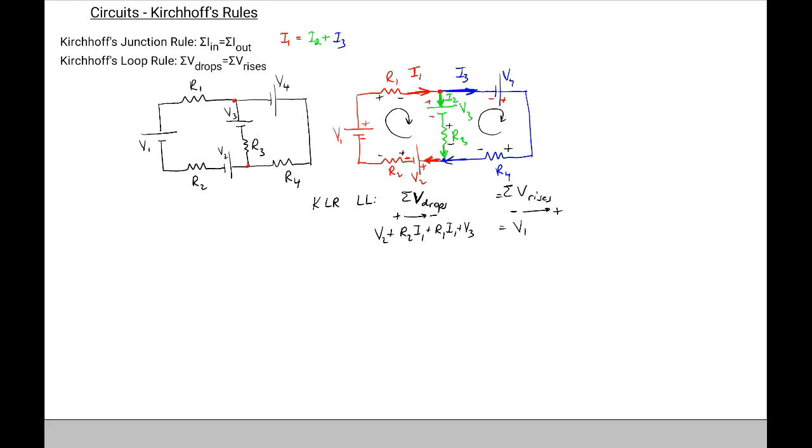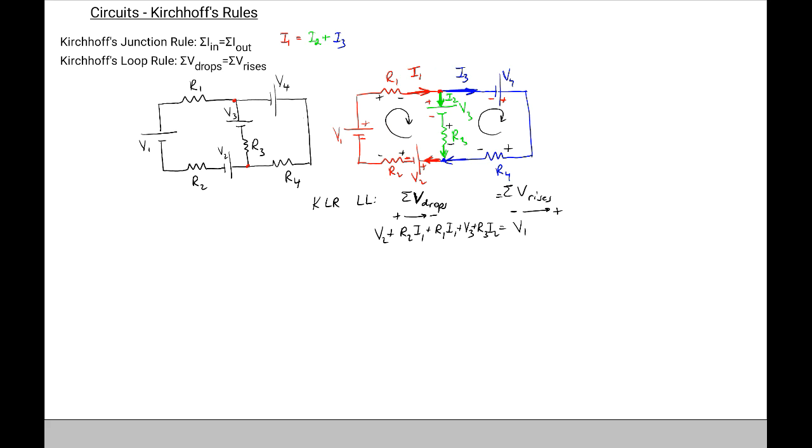And then I'm going through R3 from plus to minus, so that is also a drop, but the current that passes through R3 is I2. So I'll have plus R3 I2, and I came all the way back to the original junction. I went all around this loop, and I'm done with my loop rule.